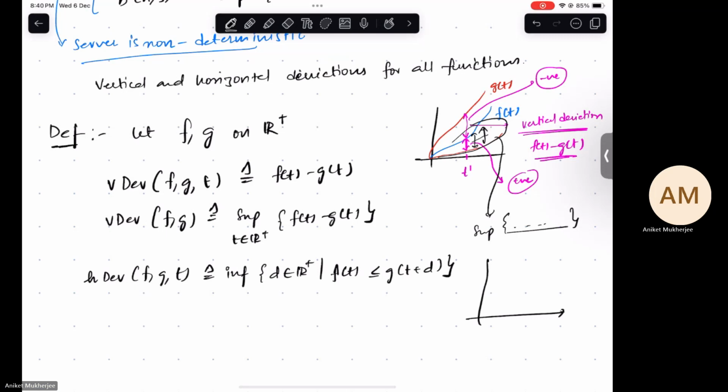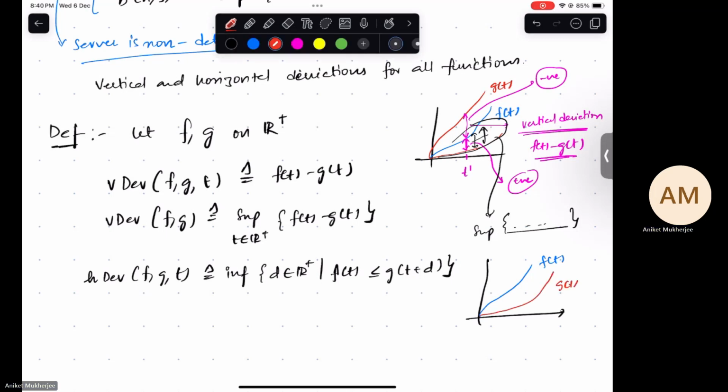Suppose you have function f(t) and function g(t). You want to find the horizontal deviation of f(t) at time t prime from here.